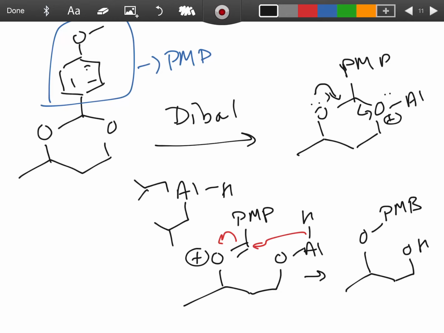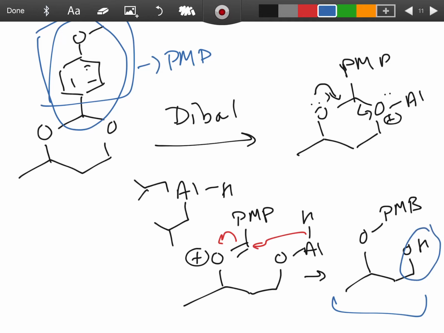Well, if you can just break one bond, it'll become a para-methoxybenzyl group that you can use to protect an alcohol later on. So instead of taking this whole thing off, making two alcohols, and trying to selectively protect one of the two, they were able to, in one step, deprotect the alcohol that they needed to use, but leave the other alcohol protected.